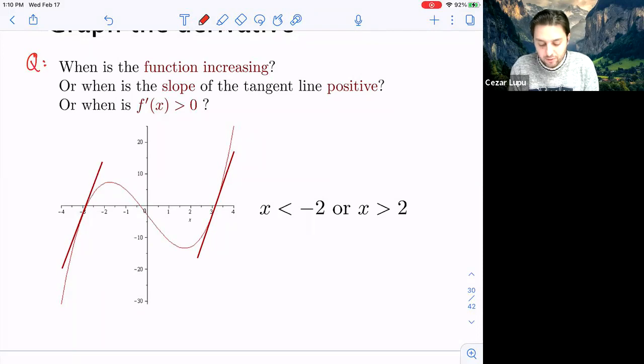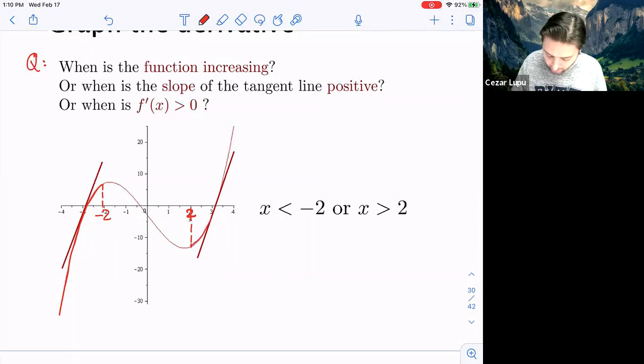When x is less than -2, right? Look here, this is -2 here, and this is 2 here, right? What happens to the graph of the function when x is less than -2? So look at it. What happens to the graph? Can you tell me? The graph rises, so the function increases.